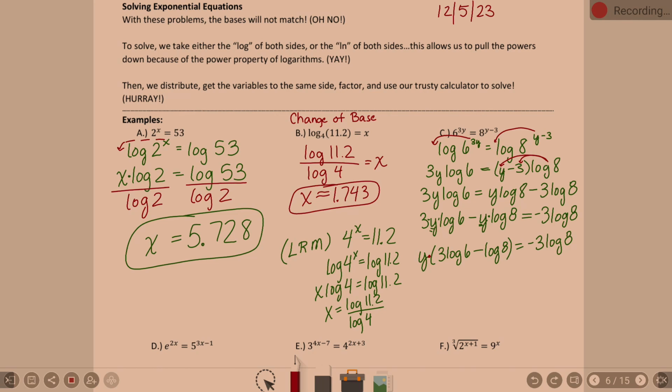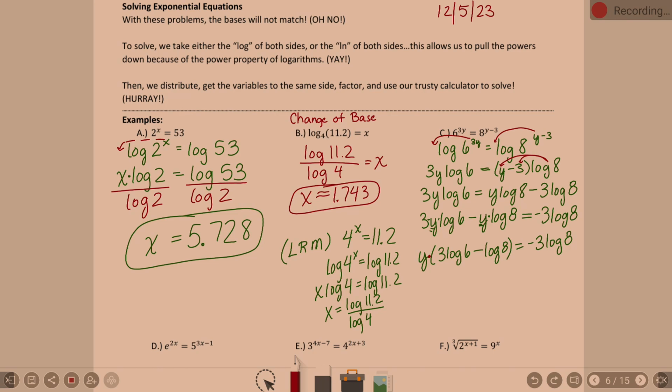Divide the whole thing. And here's the deal. Eventually, yes. Am I going to put 3 log 6 minus log 8 in my calculator? I am. I tend to hold on and put it all in at the end, because I don't want to write all those decimals down, and I don't have to worry about needing to carry some extra decimal places so my rounding is right. It's better just put it in at the end. So what I see is y times this expression in the parentheses.